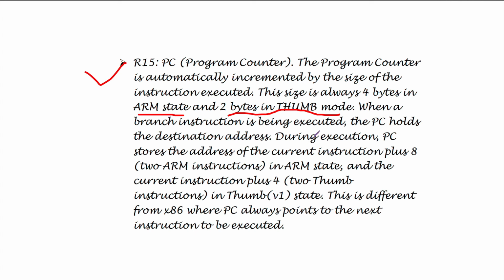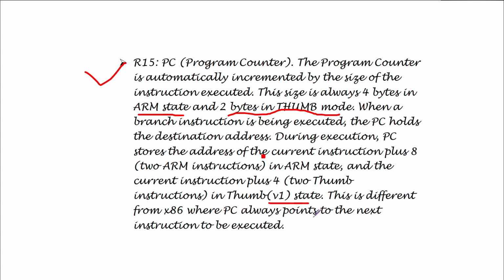When a branch instruction is being executed, the PC holds the destination address. During execution, the PC stores the address of the current instruction plus 8, that is the 2 ARM instructions in ARM state, and the current instruction plus 4, 2 thumb instructions in the thumb state.